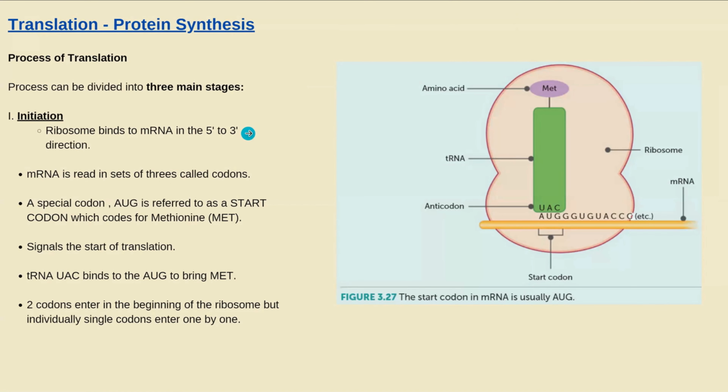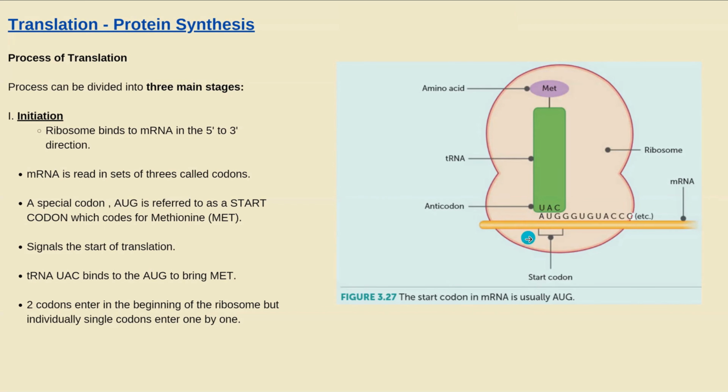Ribosomes read it in sets of 3, basically the codons that I mentioned before. These codons will not bond, but they'll attach to the corresponding anticodon of the tRNA.